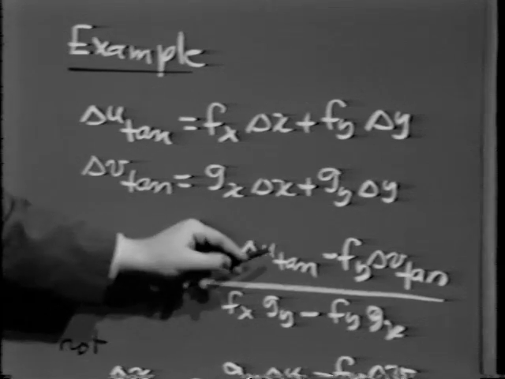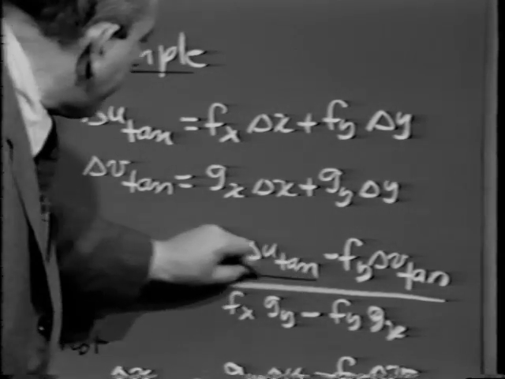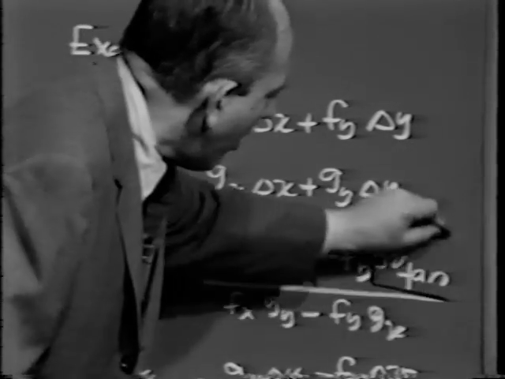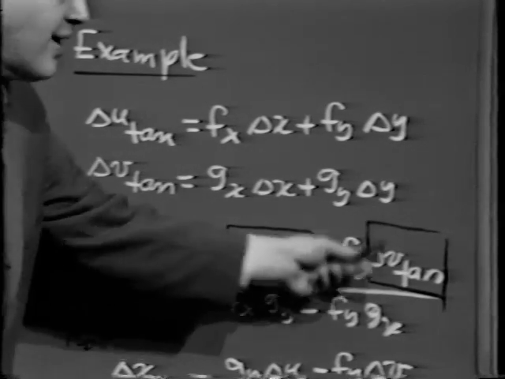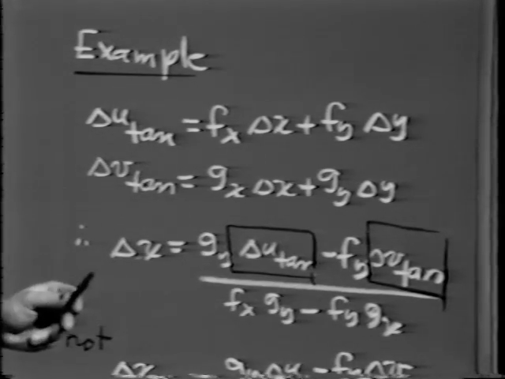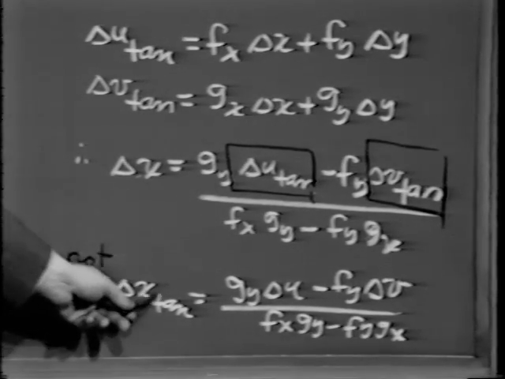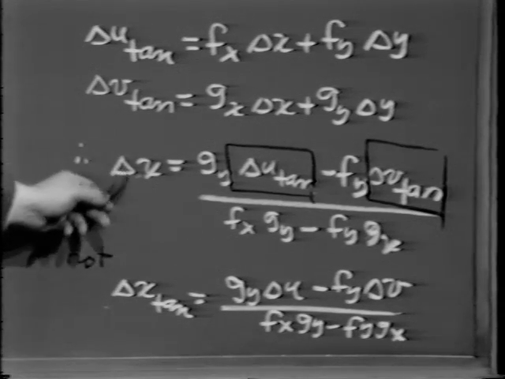And catch this, this is the key point. What we did was we expressed delta x as a linear combination, not of delta u and delta v, but of delta u tan and delta v tan. You see, notice that the result that we needed to be able to use differentials was not this, but this.